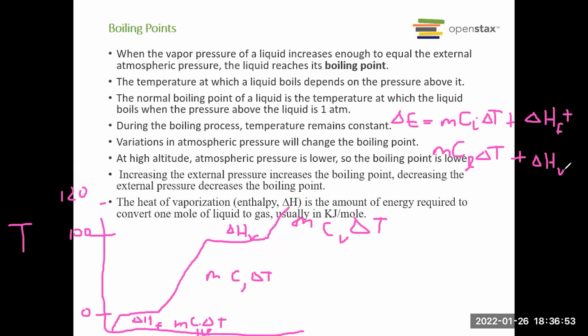I should tell you it's mass times the specific heat of ice times the change in temperature, plus m c of vapor, the heat capacity of vapor, times the change in temperature, delta T. Okay. So if we're going from below freezing to a high temperature, it's going to be the sum of all of those parts.